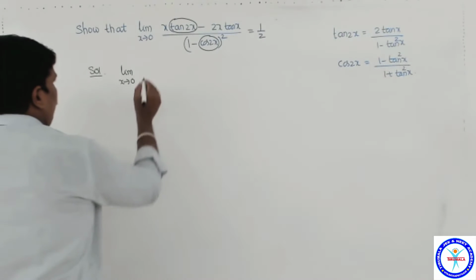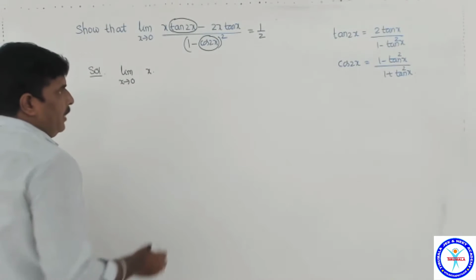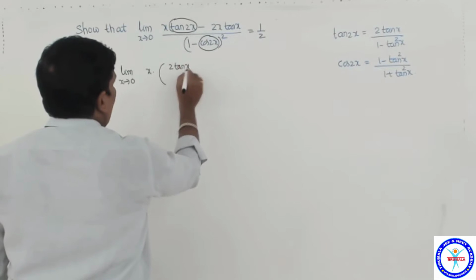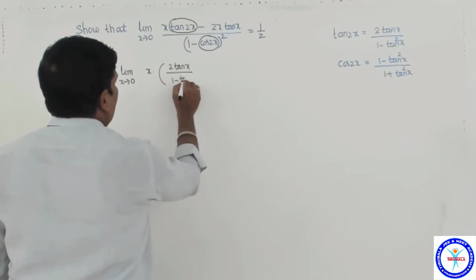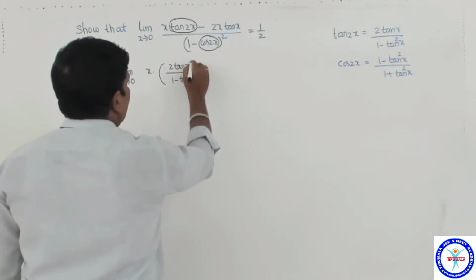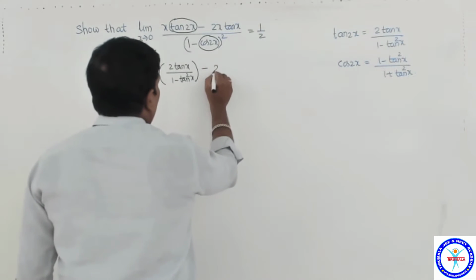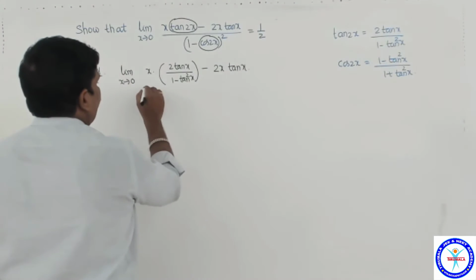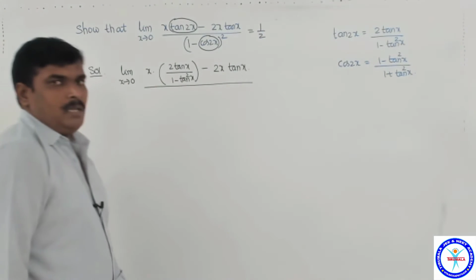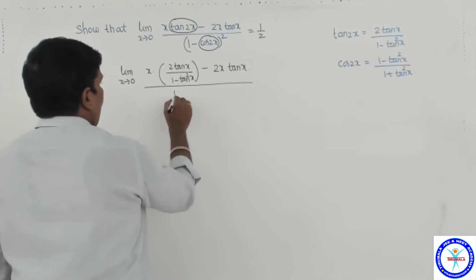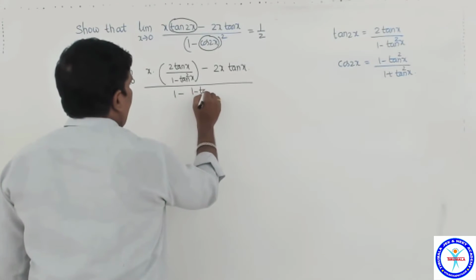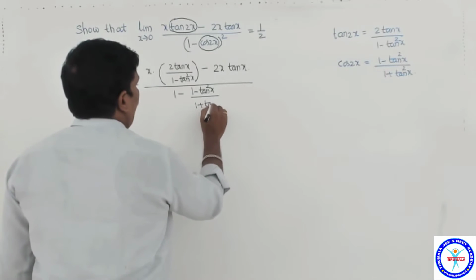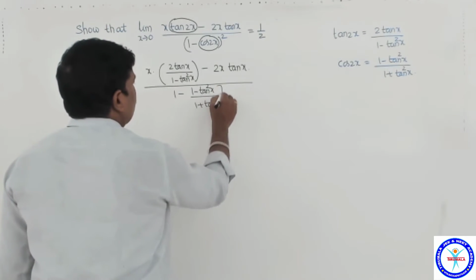Now limit of x into tan 2x, that is 2 tan x divided by (1 minus tan square x), minus 2x, divided by 1 minus cos 2x, that means 1 minus (1 minus tan square x) divided by (1 plus tan square x), whole square.